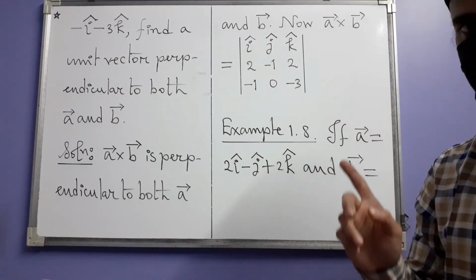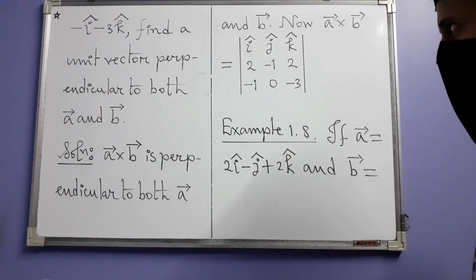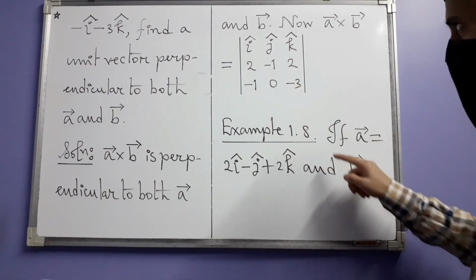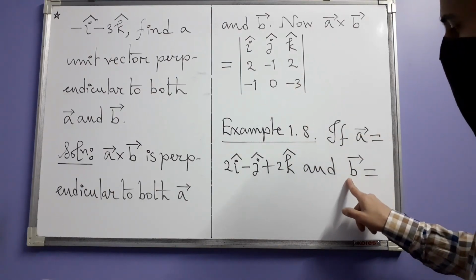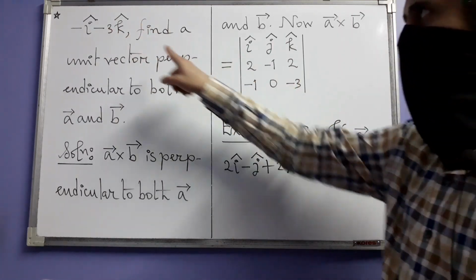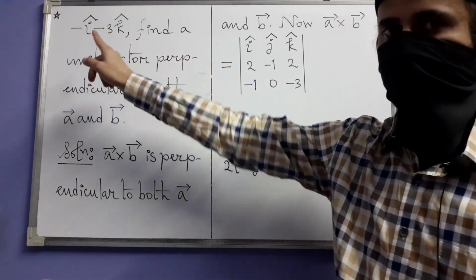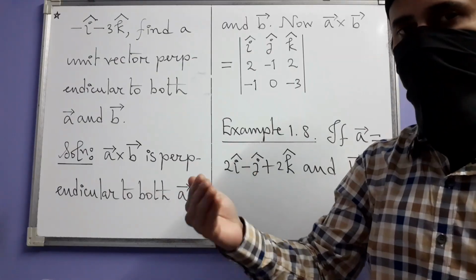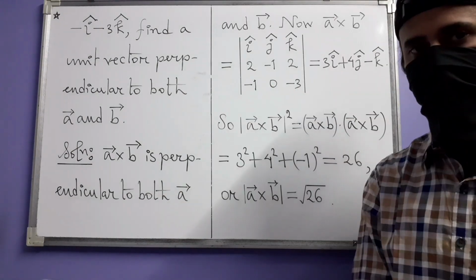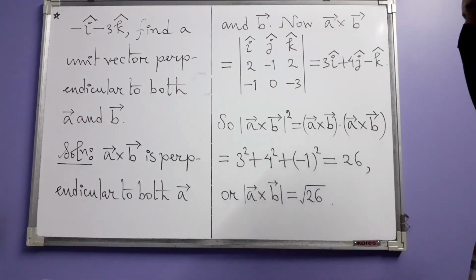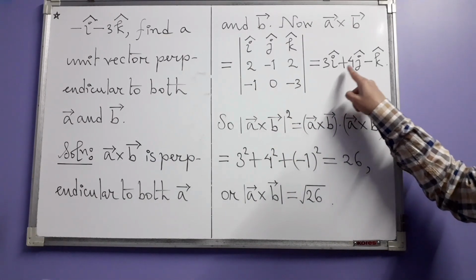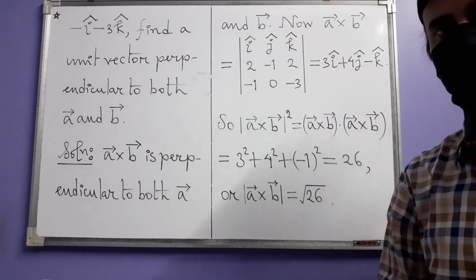You can go to the previous video and see what we said there. But anyway, here we have 2, minus 1 and 2. And in the third row we have the coefficients or components of b: minus 1, 0 and minus 3. Note carefully that we do have j hat here but with coefficient 0. Now we need to calculate what this is. I of course leave the details to you; it's just a simple expansion. This is what you will get: 3i plus 4j minus k.